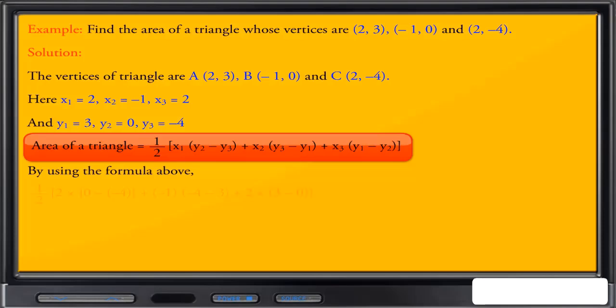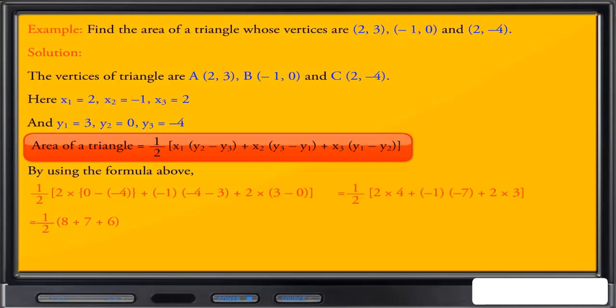By using the formula above, we get 1/2 into [2(0 - (-4)) + (-1)(-4 - 3) + 2(3 - 0)], which is equal to 1/2 into [4 + (-1)(-7) + 2 into 3].